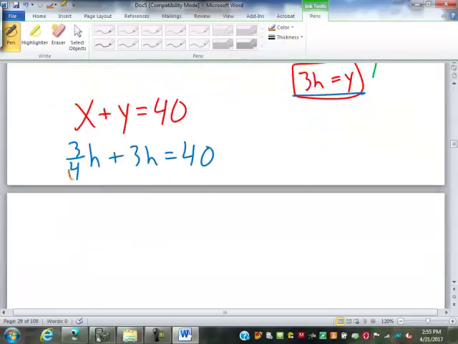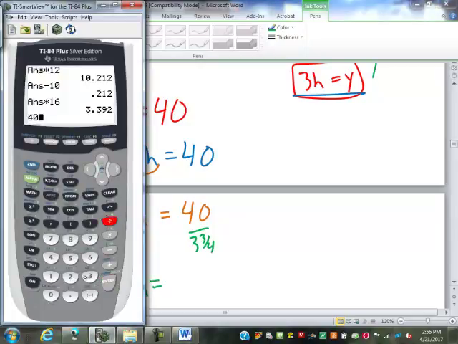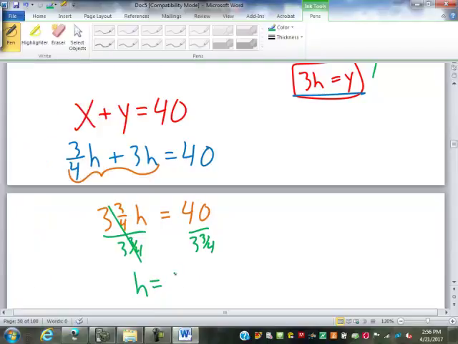I'm going to combine them. 3/4 h and 3h is 3 3/4 h. Or if you prefer, you could do 3.75 h. And I have to divide by that 3 3/4, or 3.75. So h is going to equal 40 divided by 3.75, which is 10 2/3 is what that comes out to be. So h is 10 2/3.